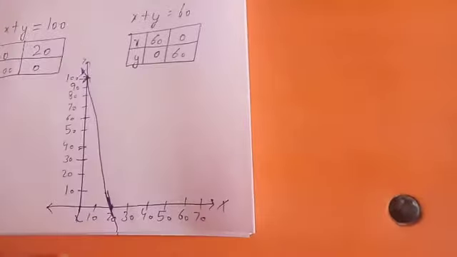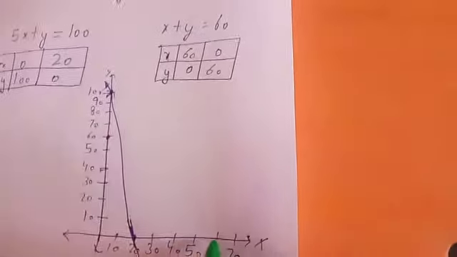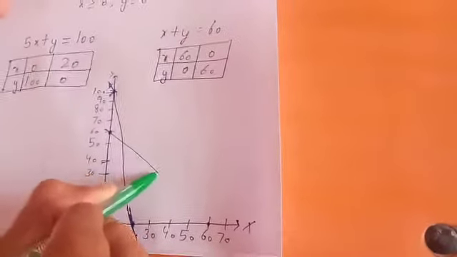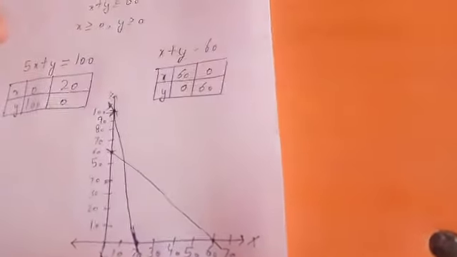Okay. And for the other line, when x is 0, y is 60, and when y is 0, x is 60. So we will go in this way.